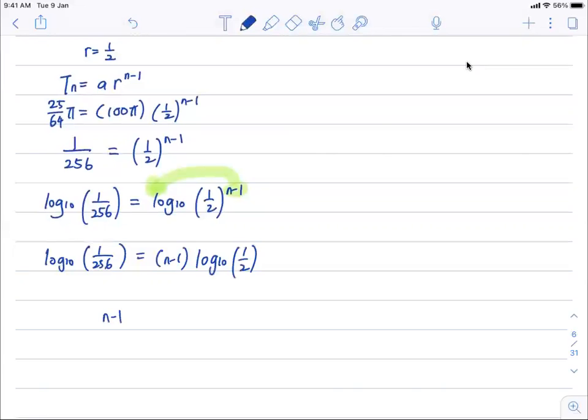So n minus 1 equal to log 10 1 over 256 divided by log 10 1 over 2. So n is equal to 8 plus 1. So n is equal to 9.